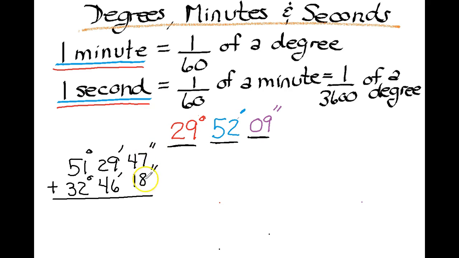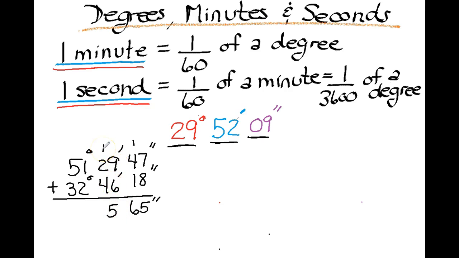So we have 7 and 8 is 15. Then 9 and 6 is 15.